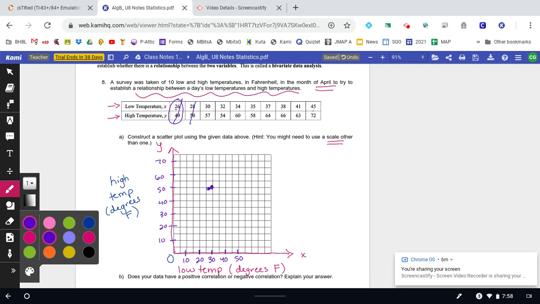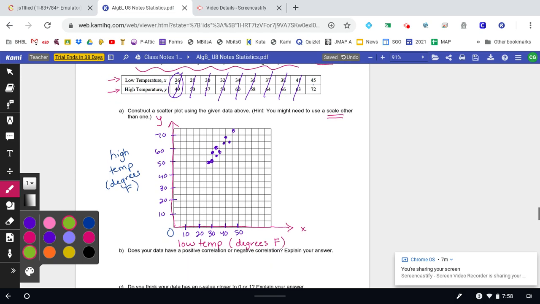Pretty close, also a dot. 30, 57. 32, 54, 34, 60, 35, 58, 37, 64, 38, 66, 41, 63, and 45, 72. So it does look like there's some sort of trend here, right?